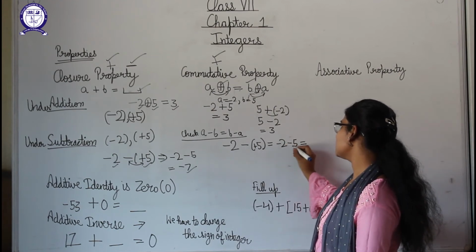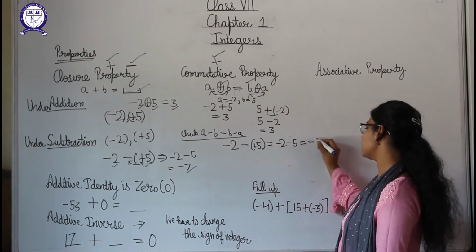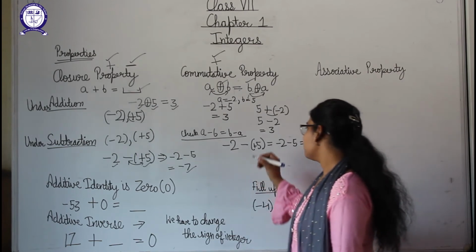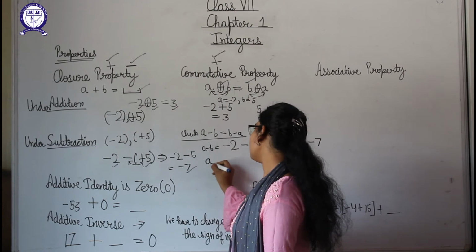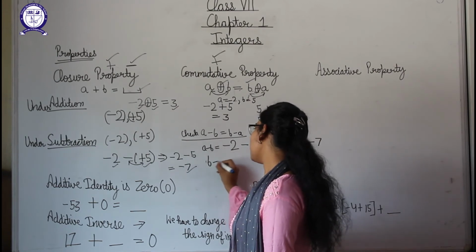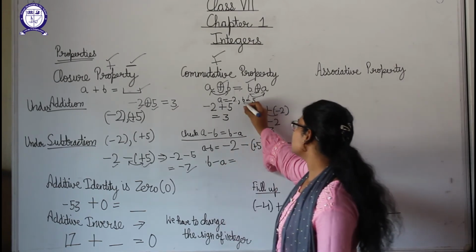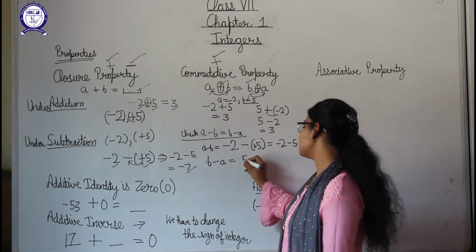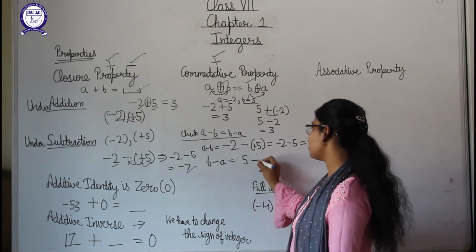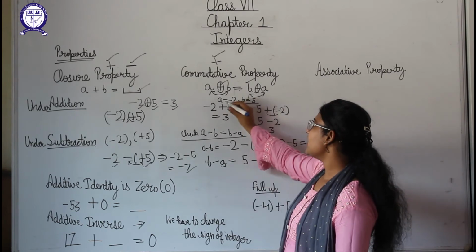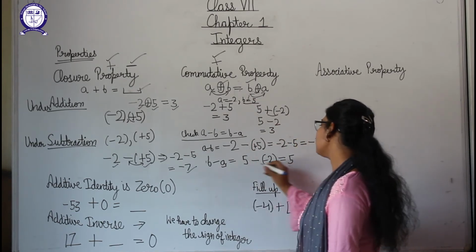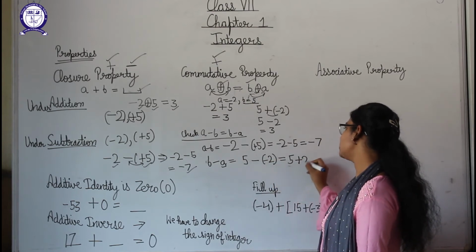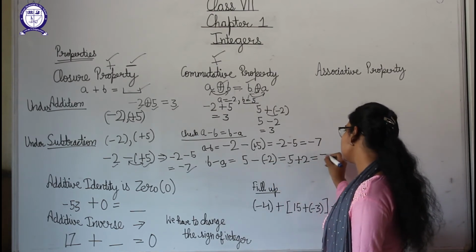Minus will be minus, and 2 plus 5 is 7. So this is the answer for a minus b. Now we will do b minus a. Students, what was b? The value of b is 5. We have to do the subtraction, so the subtraction sign. What is a? A is -2, so I am putting -2 here. Now 5 minus minus will be plus 2, so 5 plus 2 is 7.